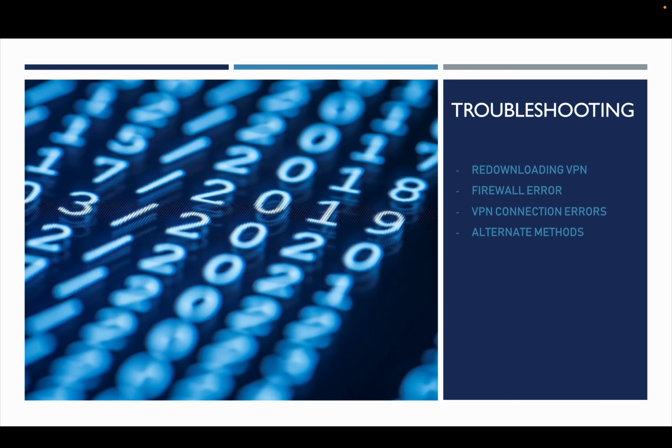So for troubleshooting, we had multiple steps. At the top, it was re-downloading the VPN. We thought that by re-downloading it, it would work, but it did not work. It just proved to be an issue with another part and not really the VPN itself.